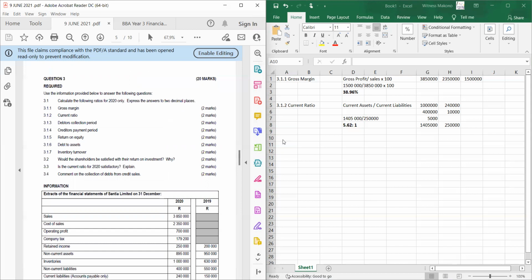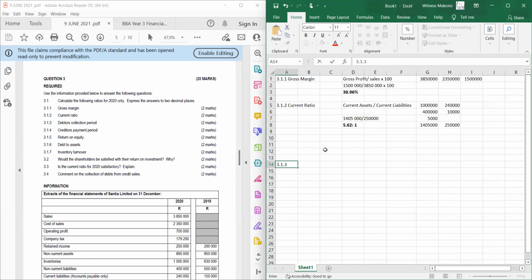Because you are saying current assets as to current liabilities, the moment you divide current assets by current liabilities, you are making current liabilities 1. So always it will be is to 1. Okay. Thank you.